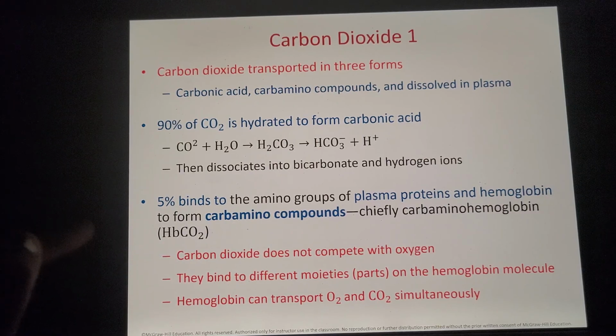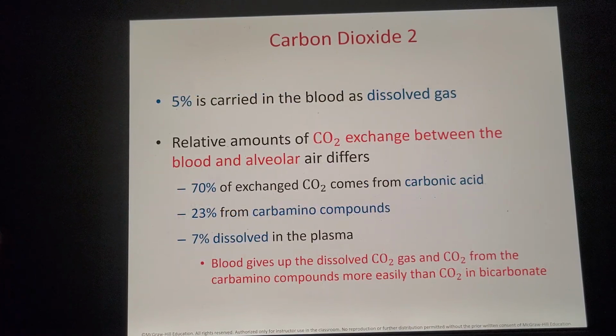But again, it attaches to the globin protein portion, so not the heme portion that your oxygen binds to. So it doesn't compete with oxygen, different parts are used, so hemoglobin can do both of them at the same time. The rest of it is just dissolved in your blood plasma. So when you actually have exchange, most of it is coming from the reversal of that carbonic acid reaction, then coming off of proteins, and then the rest from the dissolved plasma.